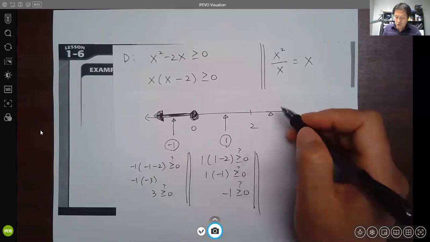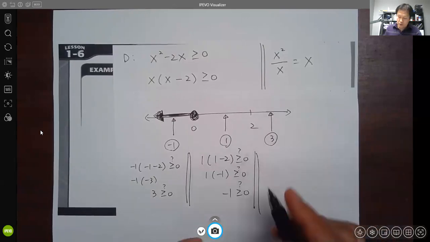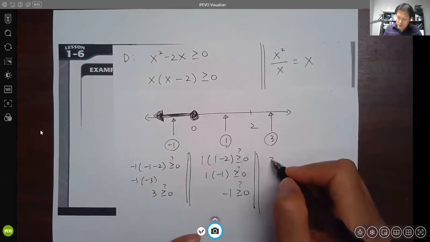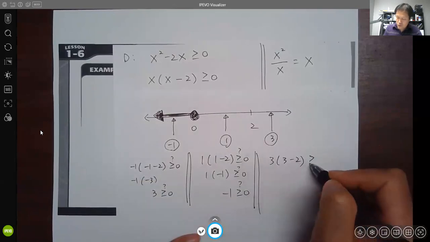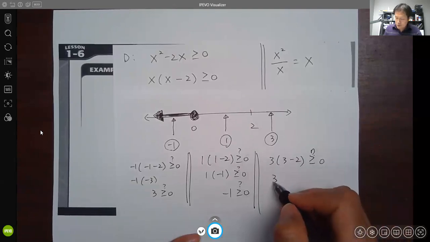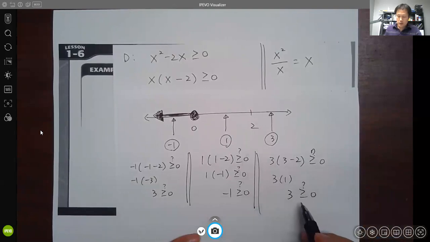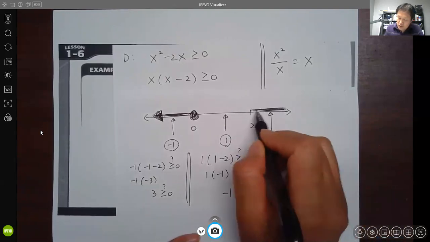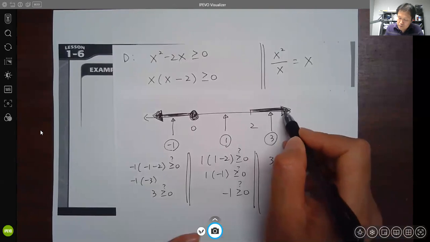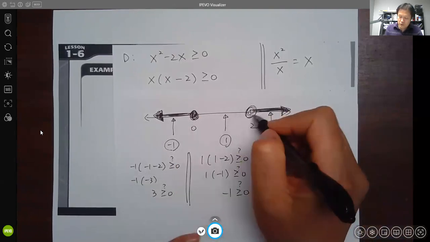Check a sample number here, such as 3, 4, 5, anything. So 3. I'll plug in 3 here: 3 times 3 minus 2. The question is, is that greater than or equal to 0? 3 times 1, which is 3, greater than or equal to 0? Yes, it does satisfy. So you're taking this portion, and there's an equal sign, meaning you have to include it.